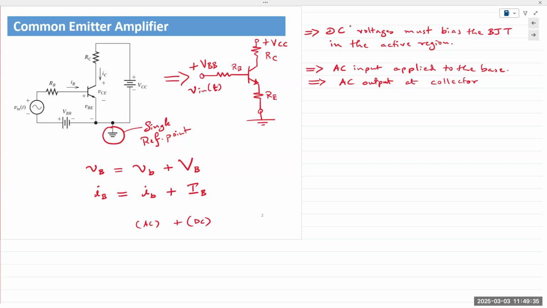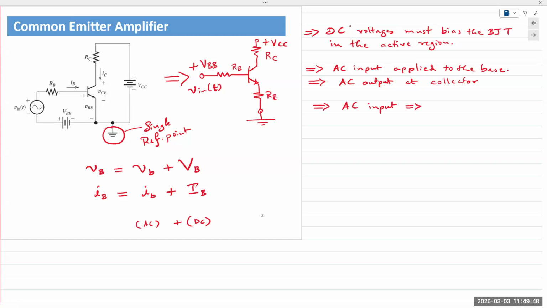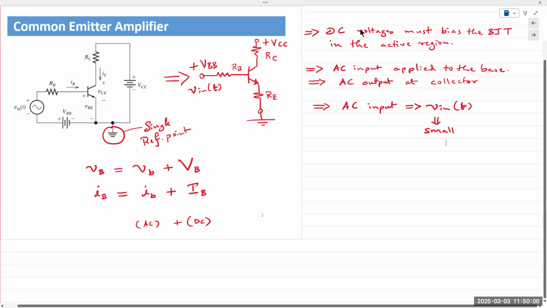So Vin, which is the AC input, or Vin of t, is very, very small.